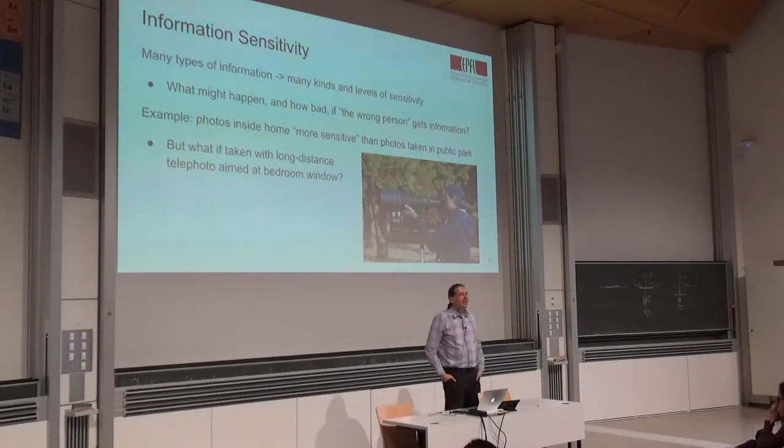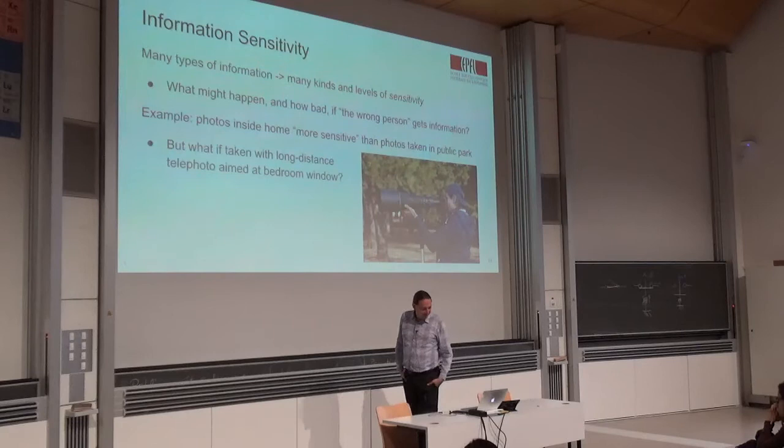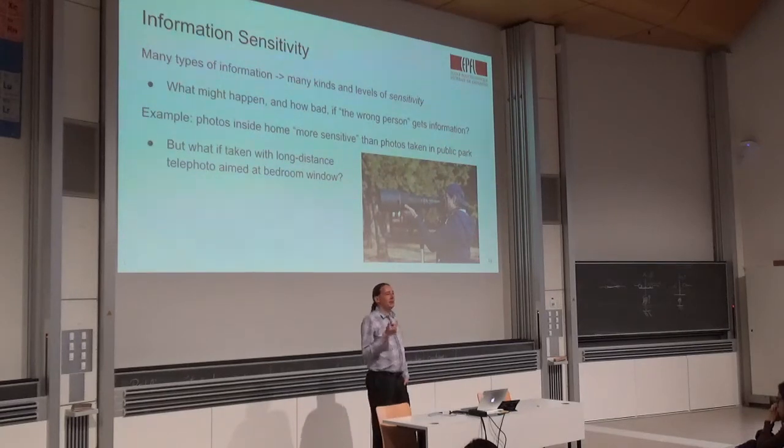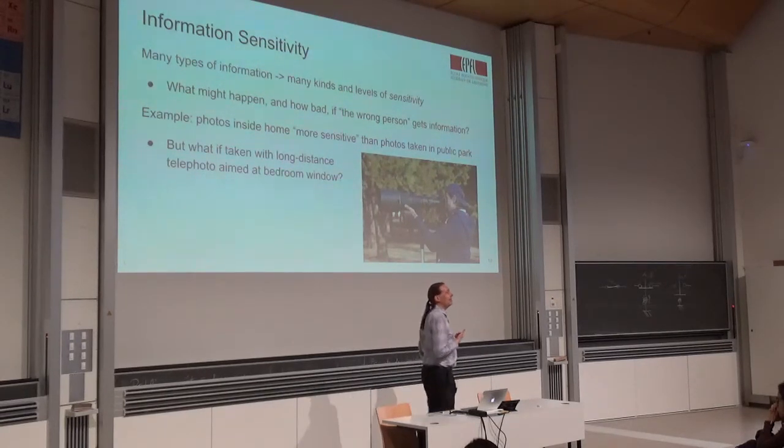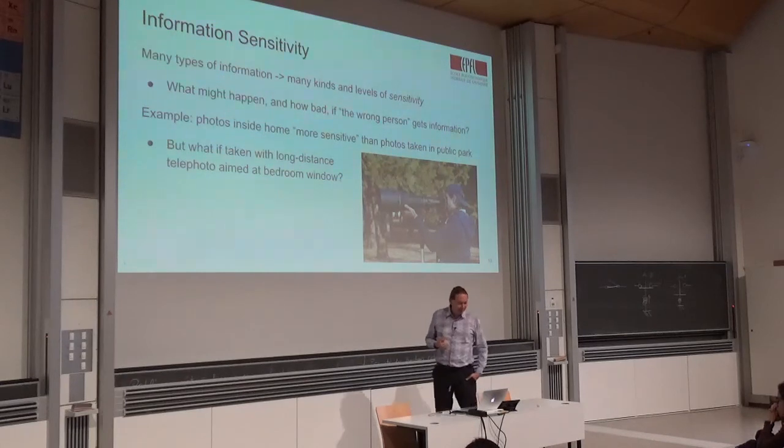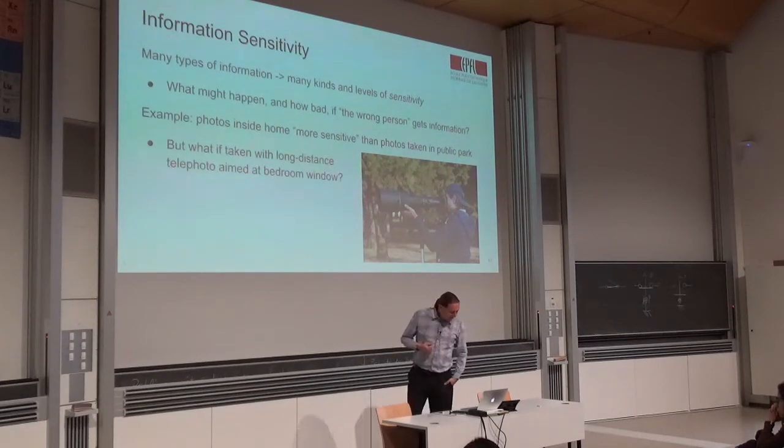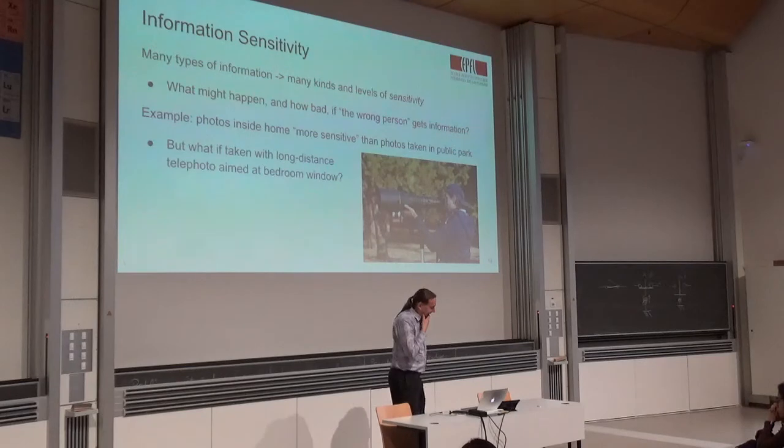Of course, partly because they're small, partly because you can lose a lot very quickly, depending on how much is in there. Now, in many cases, how sensitive information is depends on not just the information itself, but more subtle things depending on context.